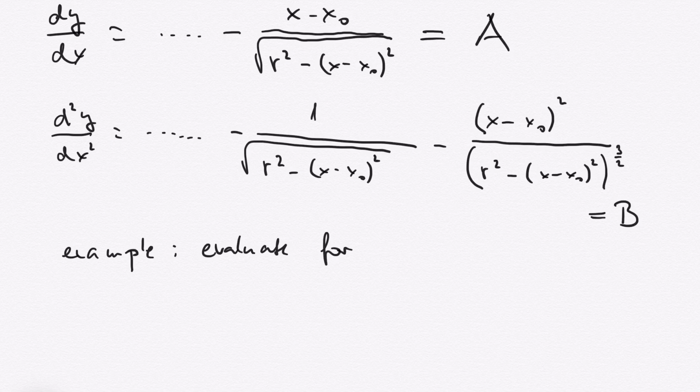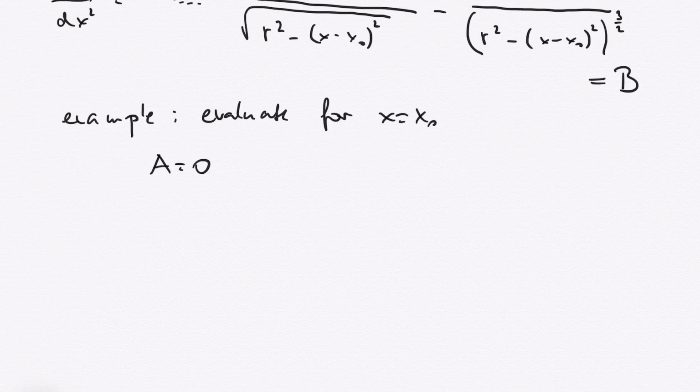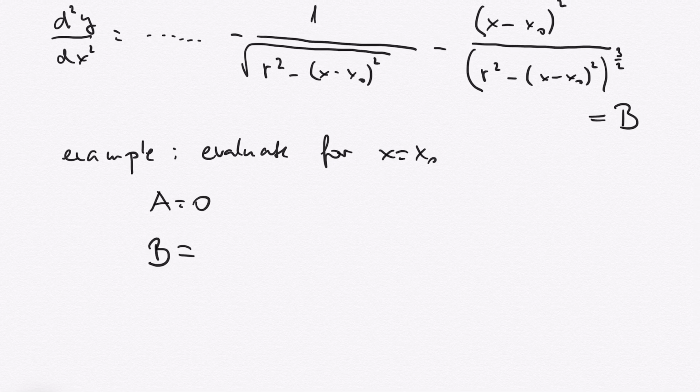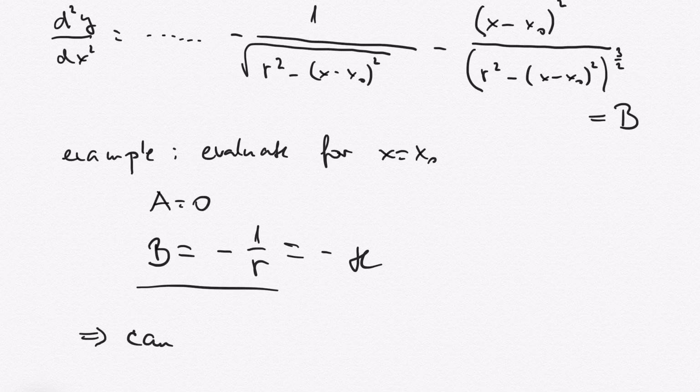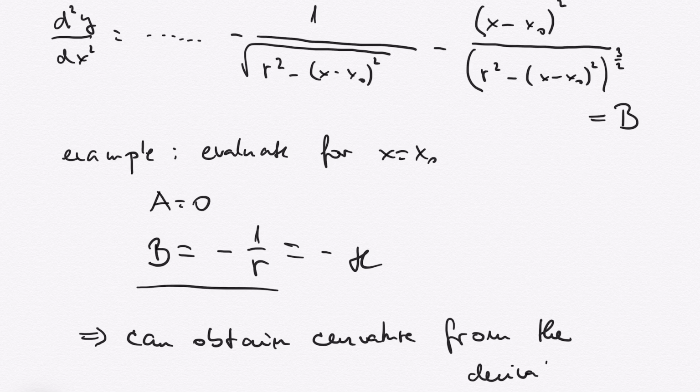Now if we evaluate this for x equal to x0, it's easy because a vanishes and b can be evaluated, and it's minus 1 over r. And so this is, actually there should be plus the curvature, because the minus sign is wrong.